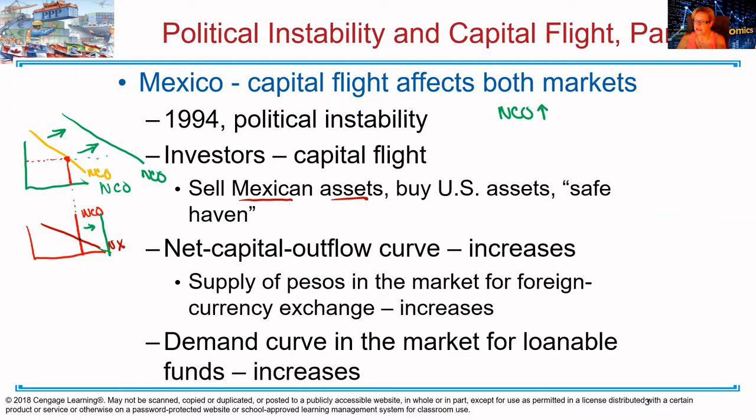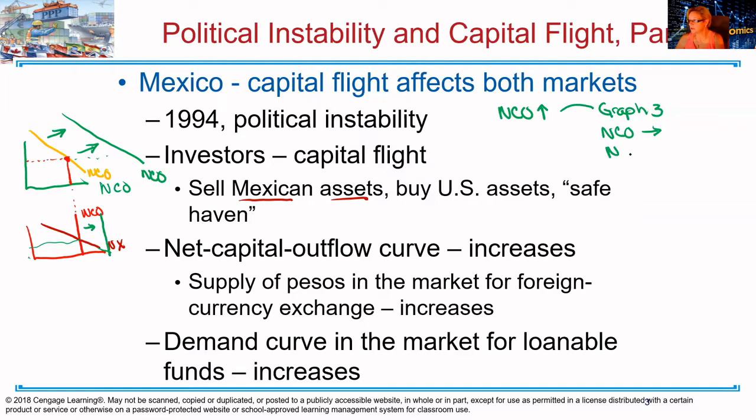What's happening then in graph 3 is that net capital outflow moves outward and to the right.